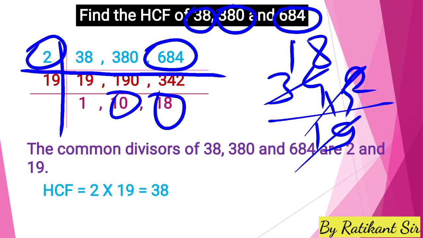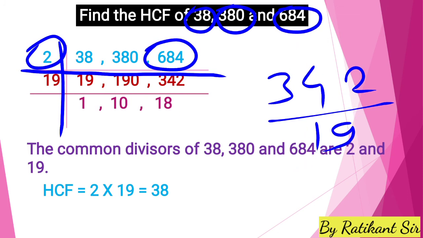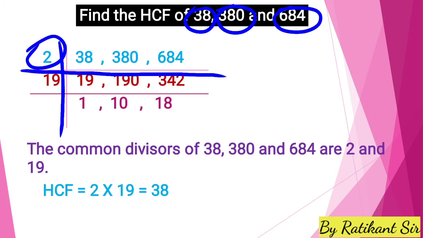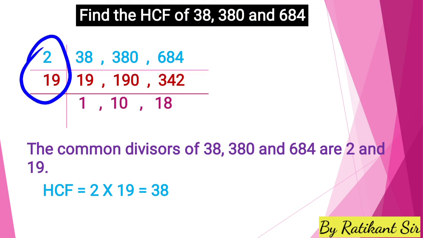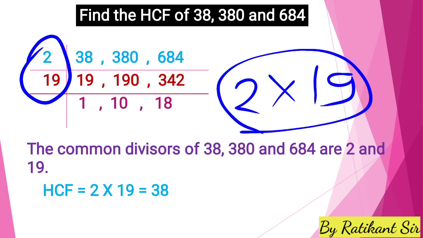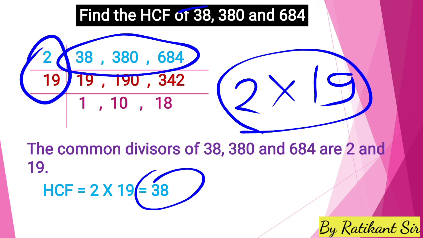It means that all those three numbers, 1, 10 and 18, are not perfectly divisible by any number. It means that only two numbers remain which are common to all. So 2 into 19. When we multiply 2 into 19, you will get 38, and 38 will be the HCF of all those three numbers.